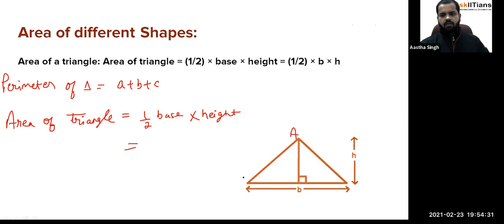If a base is there, then height is basically the perpendicular height, right? The triangle ABC is there. You can suppose any base. So your BC will be your base B, and your height is the perpendicular distance from the opposite vertex.